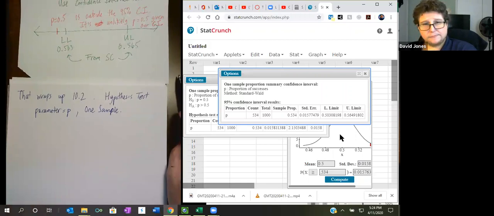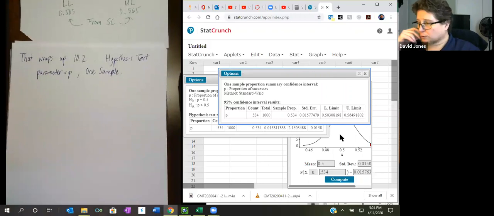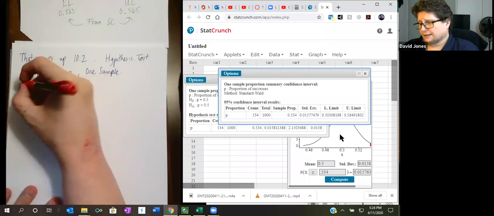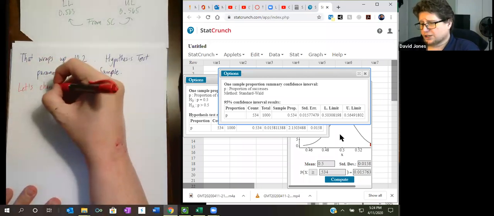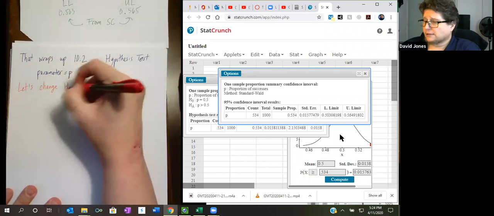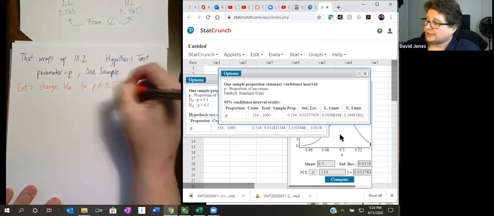Okay. Let's change this problem just a little bit. I want to explore a little bit more. Let's change the alternate hypothesis to P does not equal 0.5.